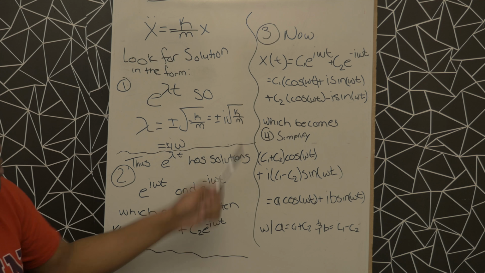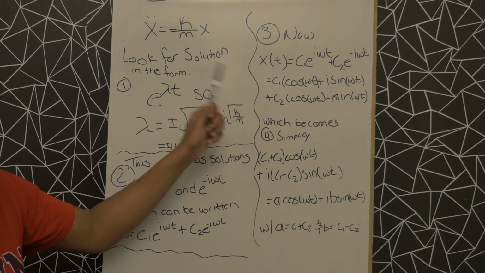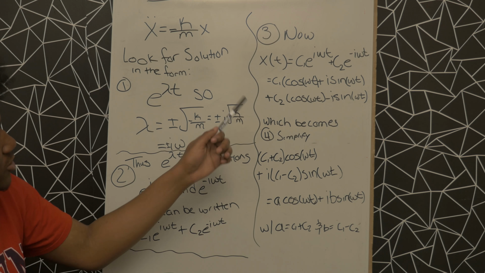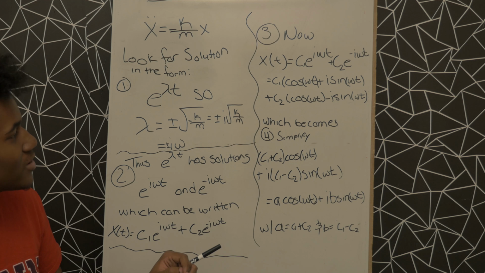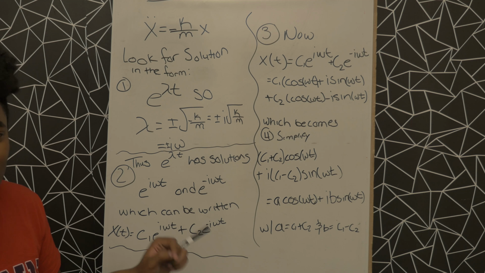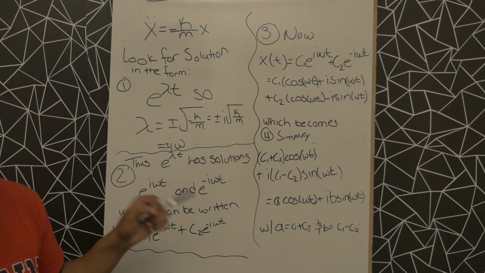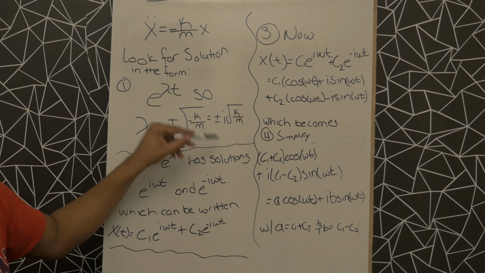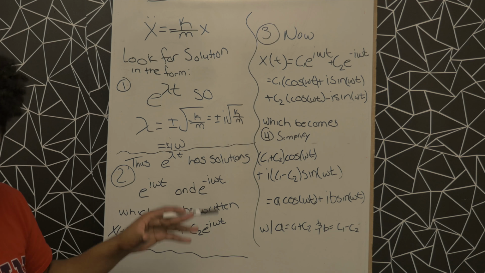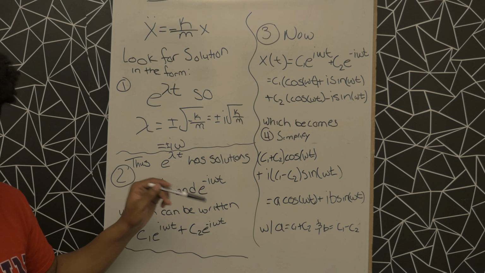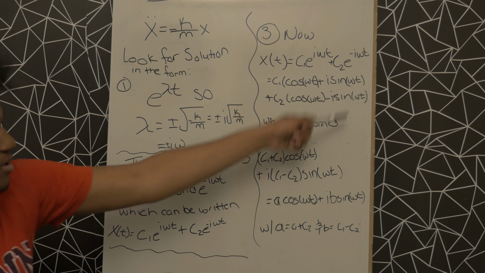And from here, you could write that in terms of cosine and sine, where it will be C1 times, in parentheses, cosine omega t plus i sine omega t, because from before, we said that e to the i omega t will be equal to cosine omega t plus i sine omega t. And then for the next part, C2, parentheses, cosine omega t minus i sine omega t will be equal to the same thing as C2 e to the negative i omega t.